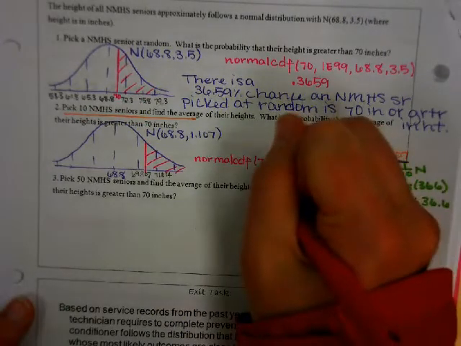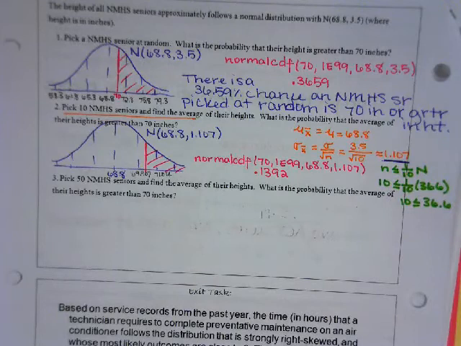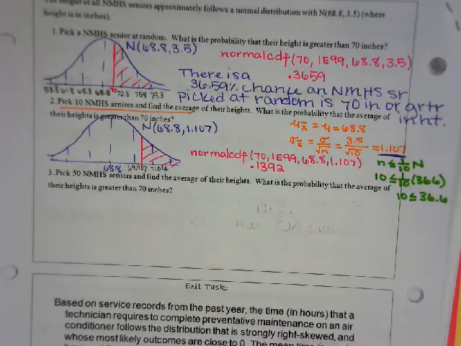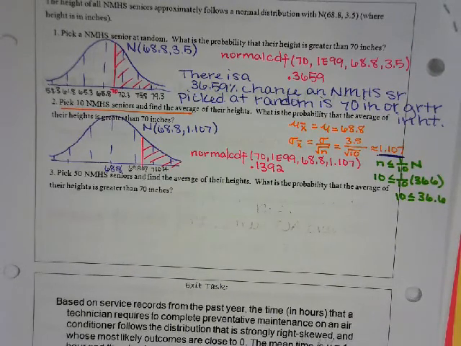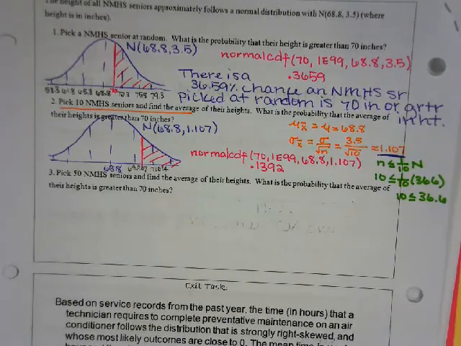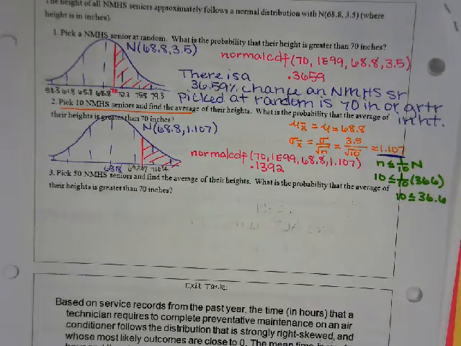Somebody besides Nate want to put it into words? We're all going to use the same sentence. Okay, so what words are we changing, Jillian? There's a 13.92% chance that 10 randomly selected NMHS seniors have an average height that is greater than 70.